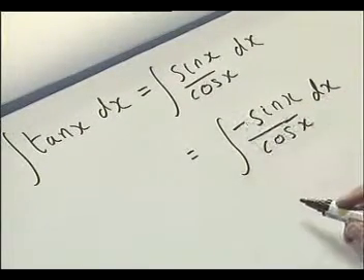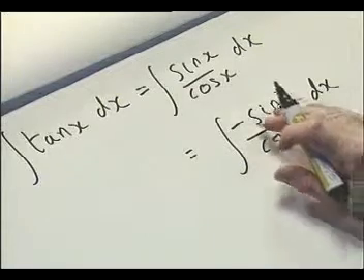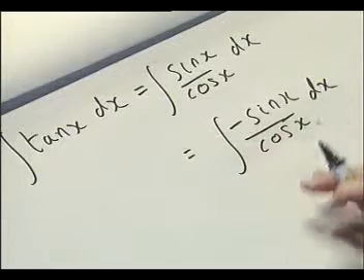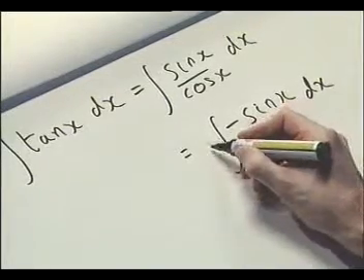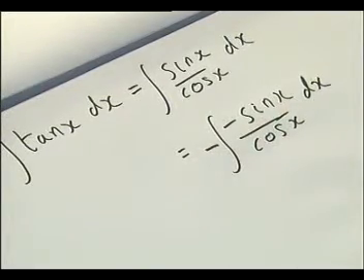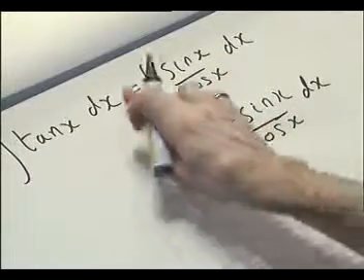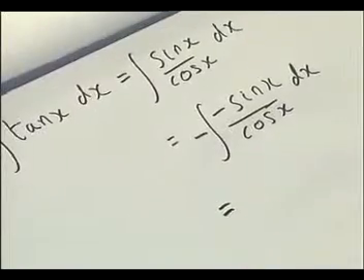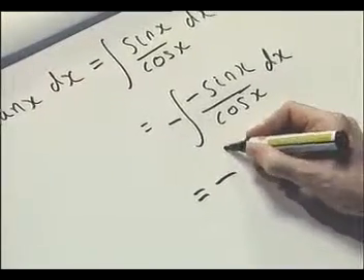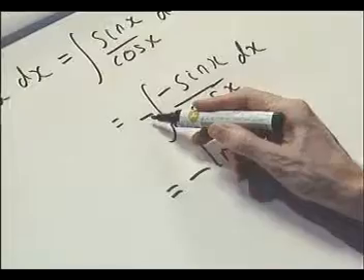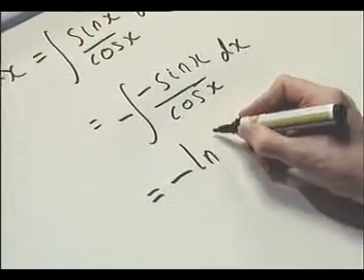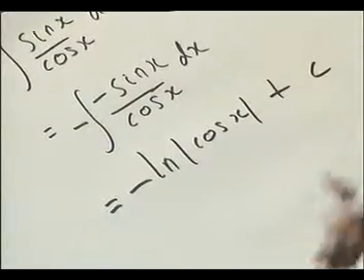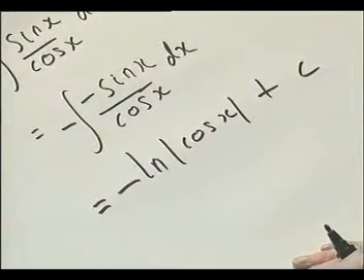Now, having put in the minus sign, we've achieved what we want. The numerator is the derivative of the denominator. The top is the derivative of the bottom. But we need to put in that balancing minus sign so that we can retain the equality of these two expressions. Having done that, we can now write this down: minus, and it's that minus sign, the log of cos x, plus a constant of integration c.